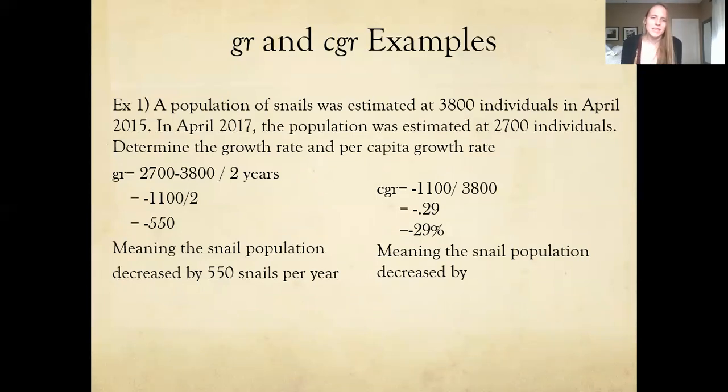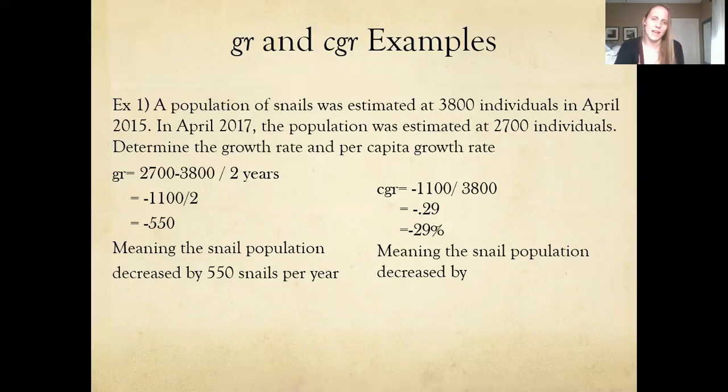So let's go through this example here. It says there's a population of snails that was estimated at 3,800 individuals in April of 2015. In April 2017, the population was estimated at 2,700 individuals. Determine the growth rate and the per capita growth rate.